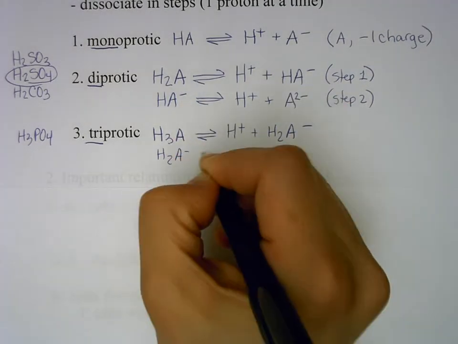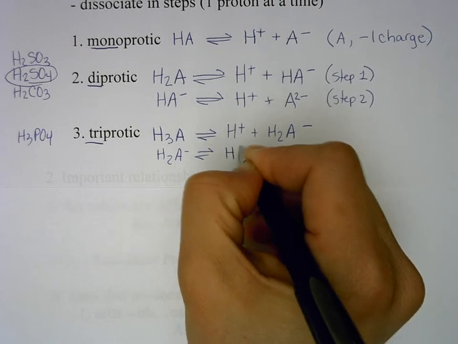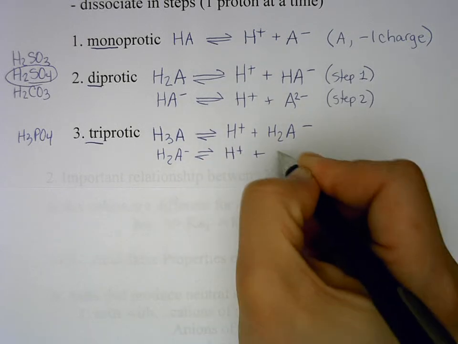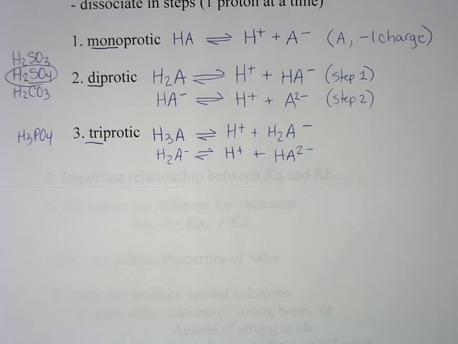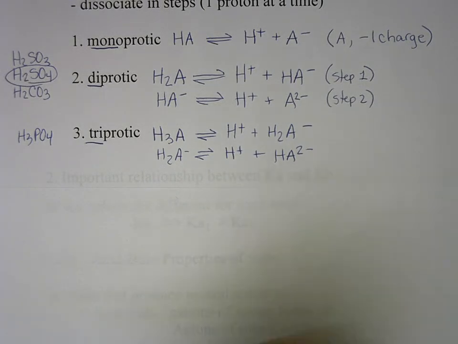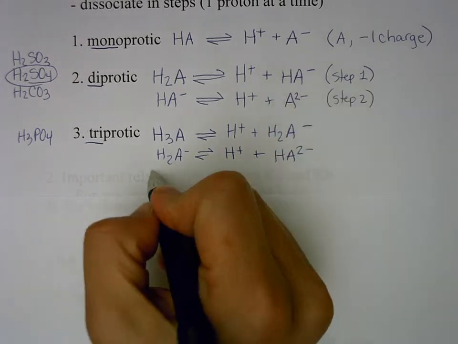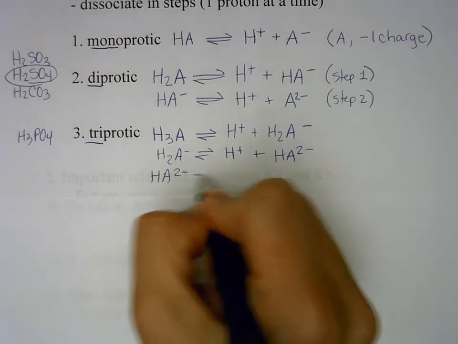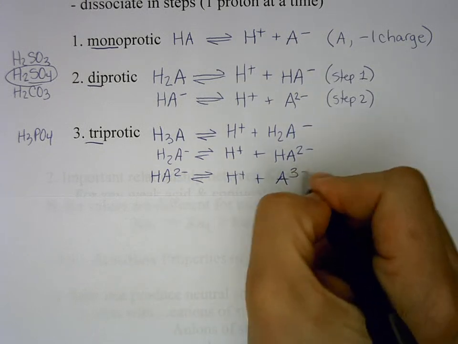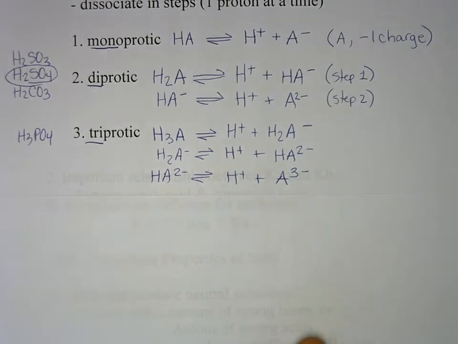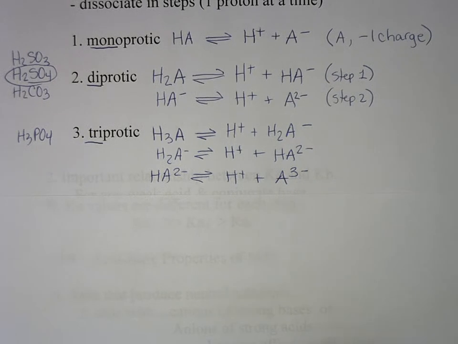H2A dissociates. One more hydrogen comes off. We're left with HA, 2 minus. Because now it's lost 2 hydrogens, so it has a -2 charge. And then the last step is that the HA, 2 minus, dissociates into the last hydrogen, and then the anion, which has a -3 charge. So there's 3 steps for the dissociation of triprotic acid.